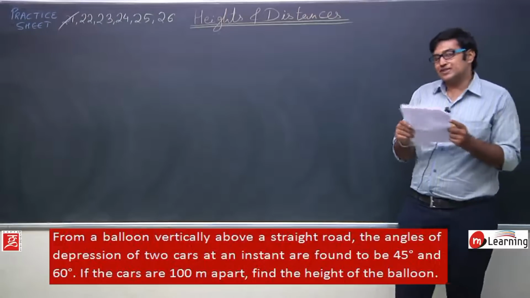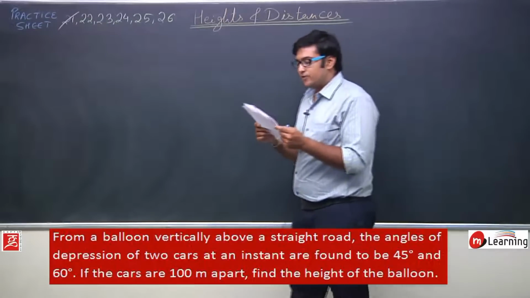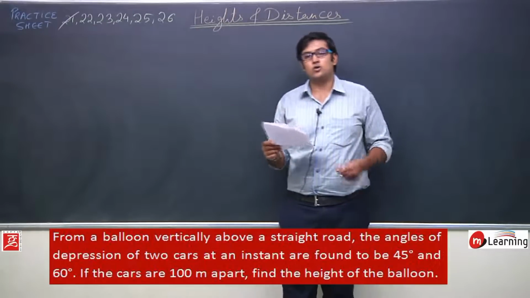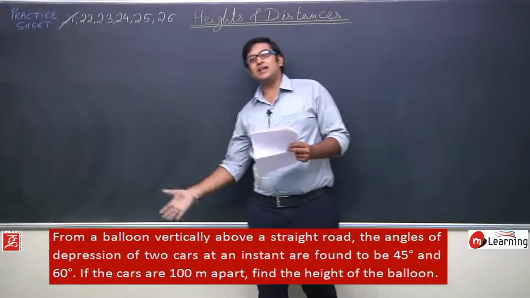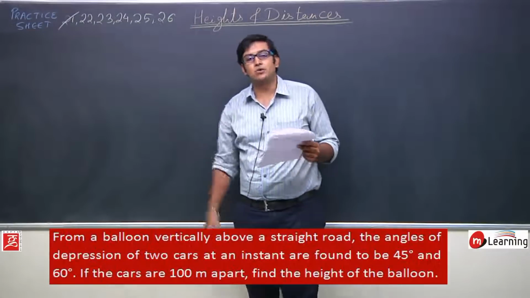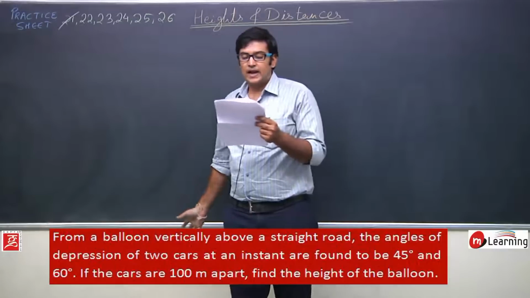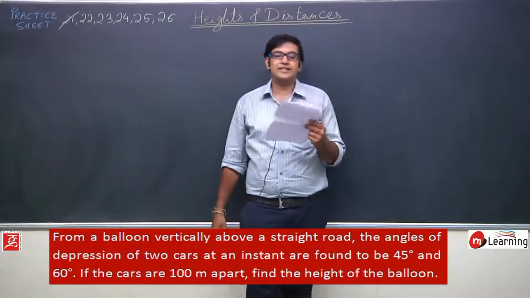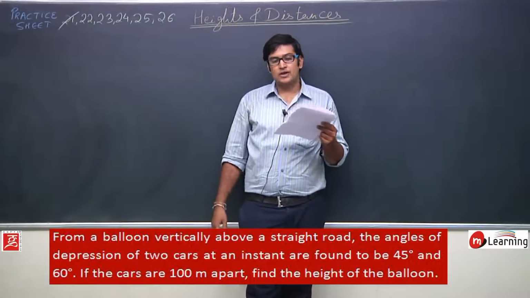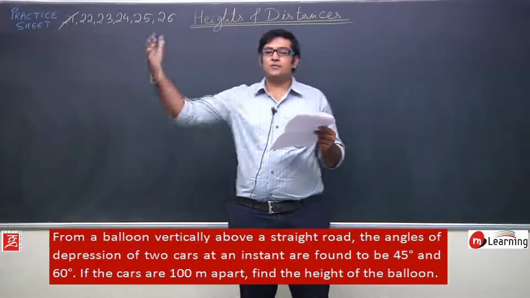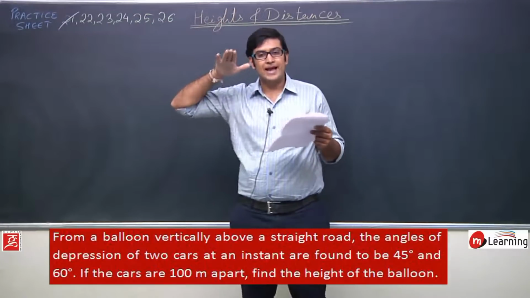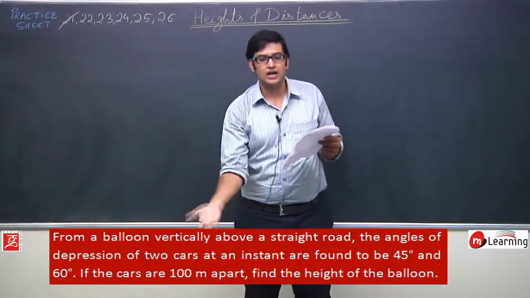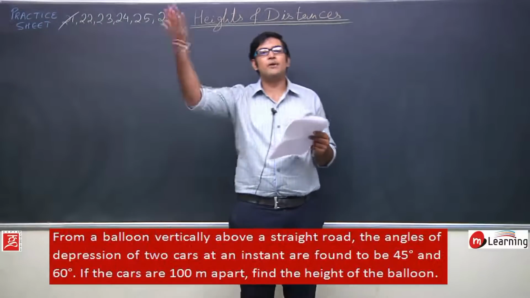So the question says that from a balloon vertically above a straight road. So there is a straight road, and just vertically above that road there is an air balloon, and the angles of depression of two cars. Now it's very obvious that if I am on the balloon and I try to observe the car, I need to move my head down because the cars are on the road, but I am above the road.